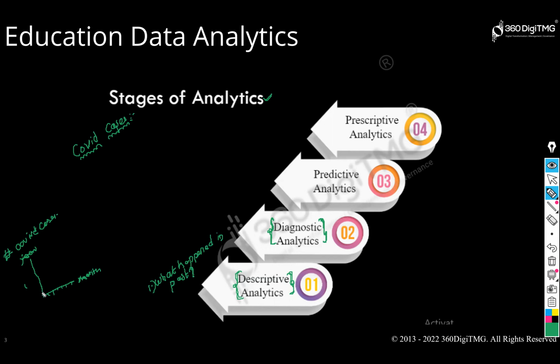I can see that in the first month, the case is this much. Second month, the case is this much. Third month, fourth month, fifth month, and sixth month, the case is this much.